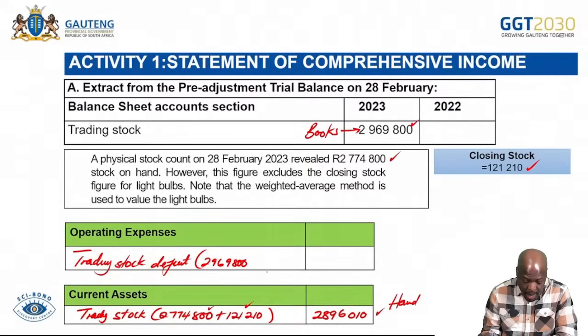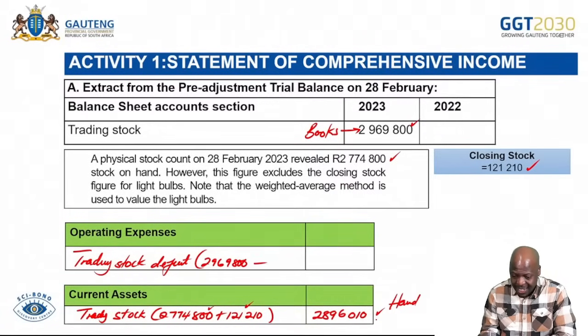Okay, so to get our trading stock deficit, we're now saying the 2,969,800, and then we subtract the one that is on hand, which is your 2,896,010. Someone would have come here and said minus 2,774,800, and then minus again 121,210.